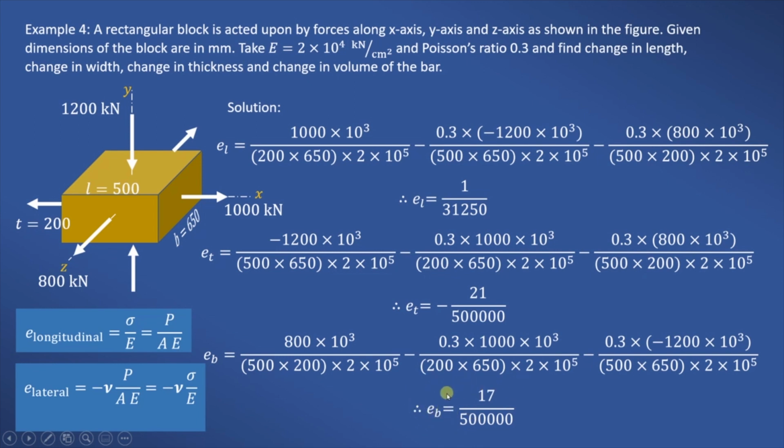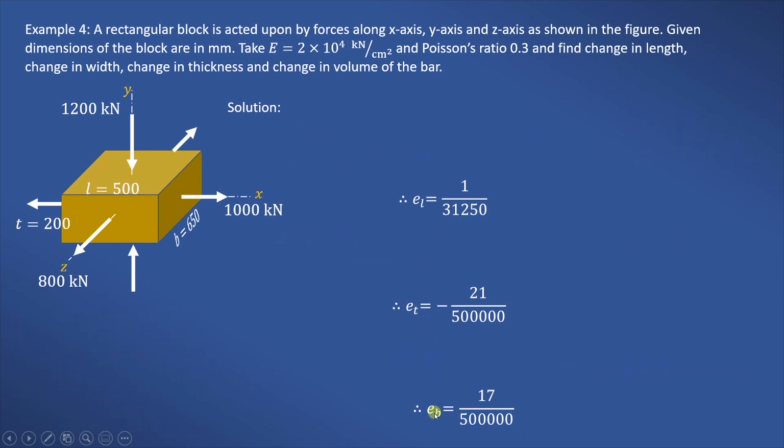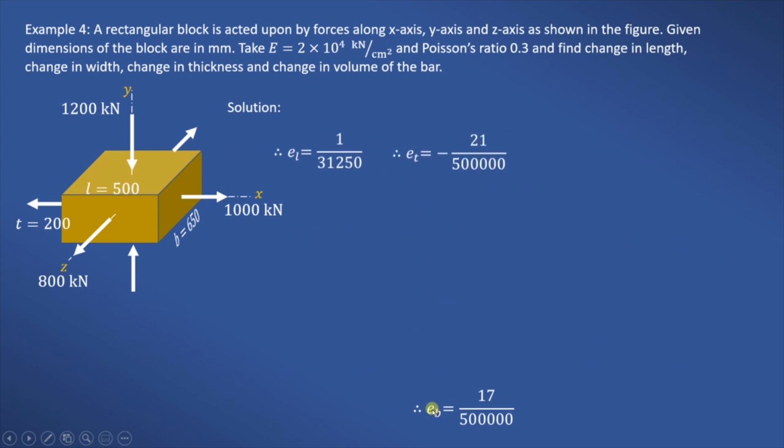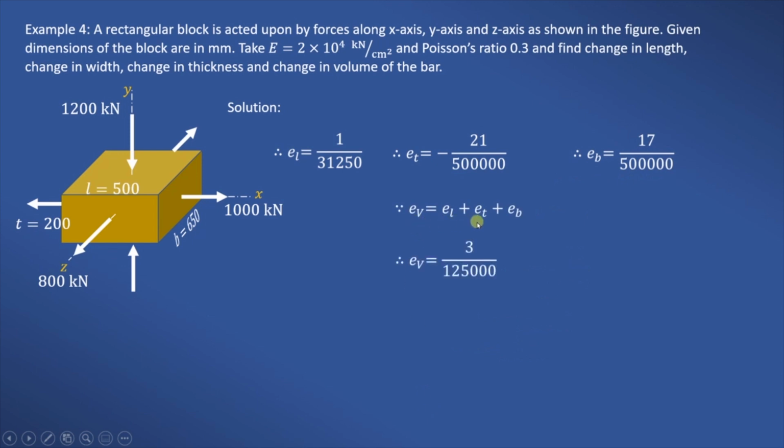To find change in volume, you will have to find out strain in volume. And it's very easy. For a rectangular block, strain in volume is EL plus ET plus EB. So volumetric strain is EL plus ET plus EB. So this is how you will get volumetric strain.